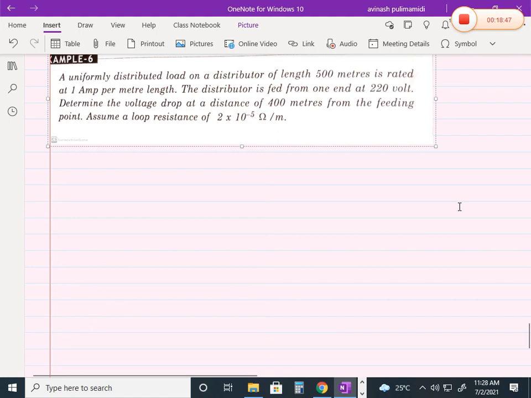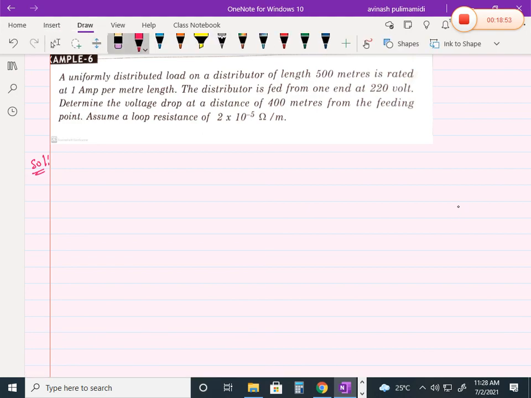The solution will be here. Let me highlight the given data.